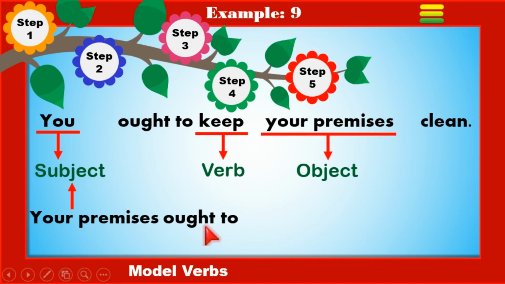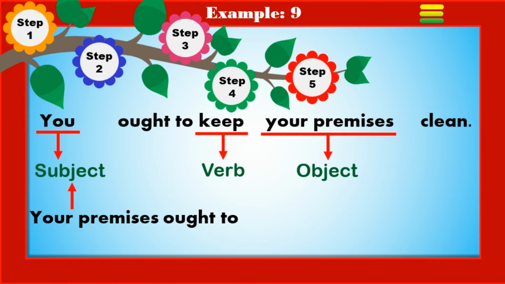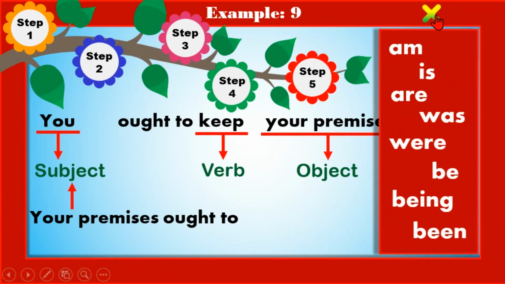So it is in the category of modal verbs: will, would, shall, should, can, could, may, might, must, ought to. These are called modal verbs. If the sentence has modal verbs, after the modal auxiliary you should use be. Your premises ought to be.